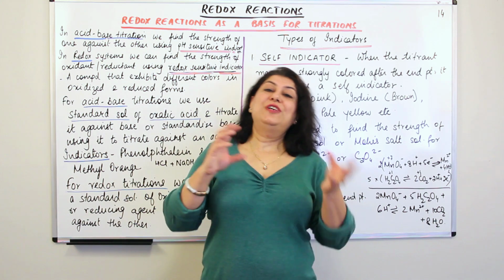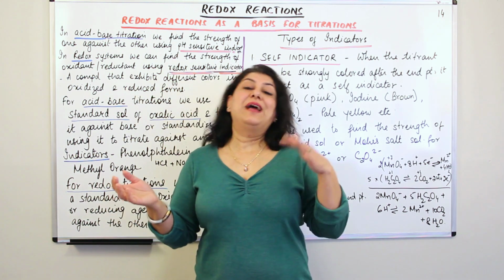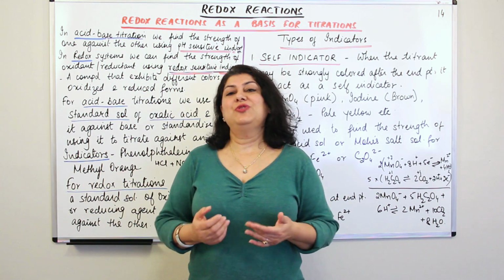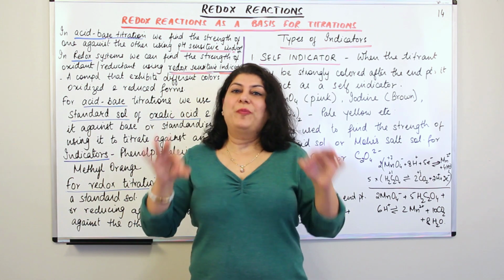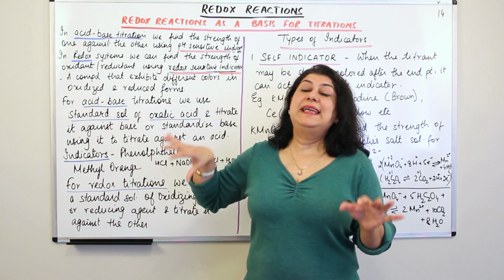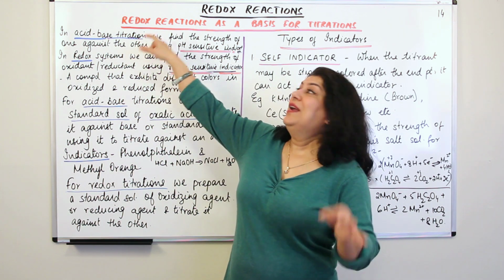So it shows different colors in oxidized form and reduced form. Therefore, it is known as a redox indicator. Basically, this topic is to talk about these redox indicators and to tell you how helpful they are.